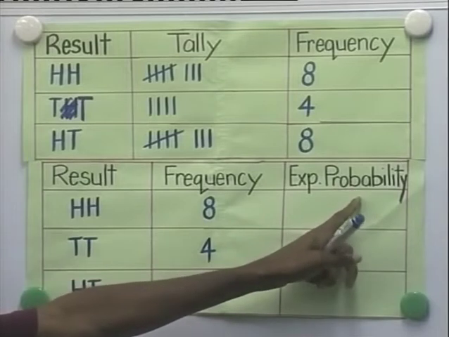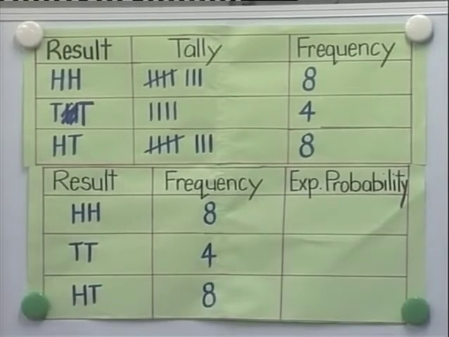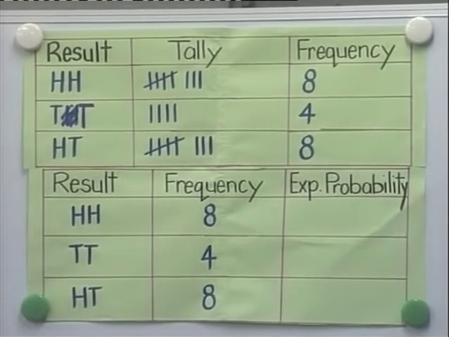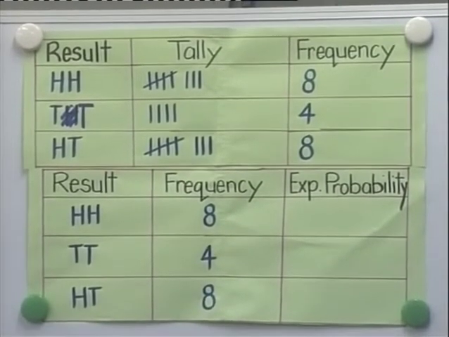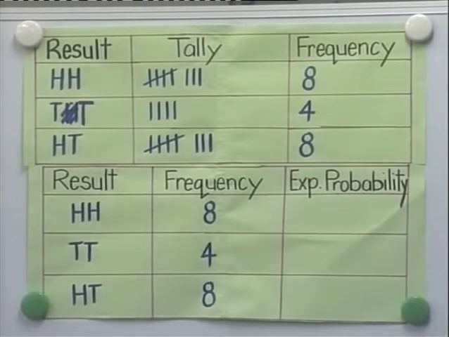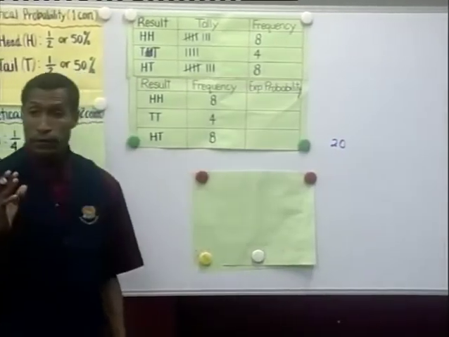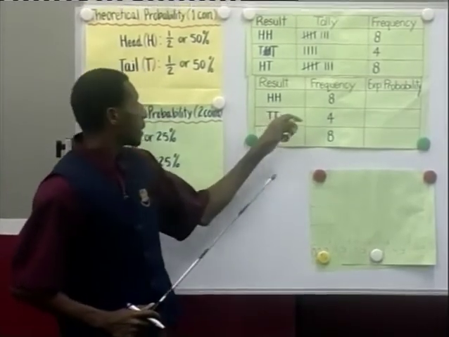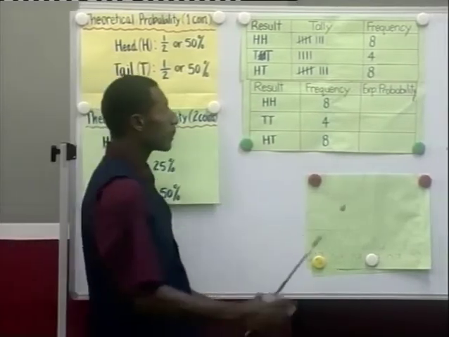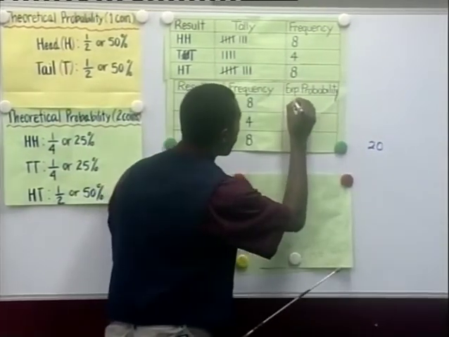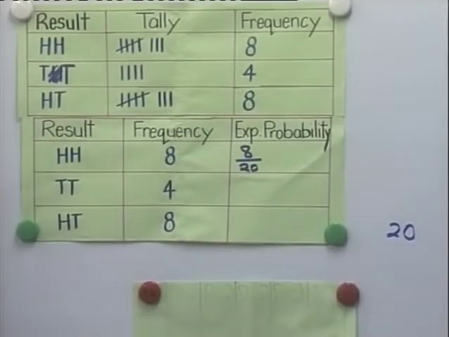Experimental probabilities of tossing two coins 20 times. What is the total number of results that we tossed the coin for? How many times did we toss the coin? 20. Out of the 20, how many were head-head? 8. So, the probability is 8 over 20.